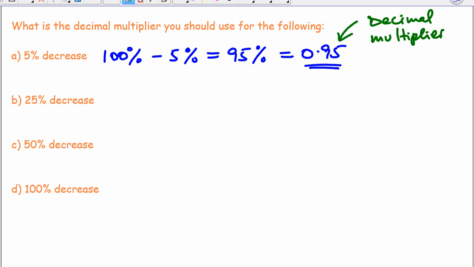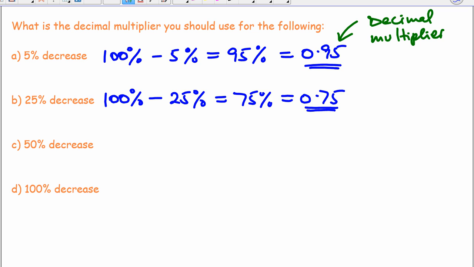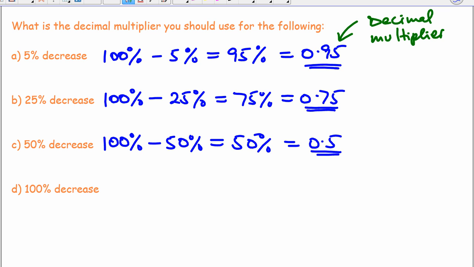In the next question, we'll have 100% minus 25%, which will be equal to 75%, 0.75. That is our decimal multiplier. Here we'll have 100% minus 50%, which is basically 50%, which is 0.5.